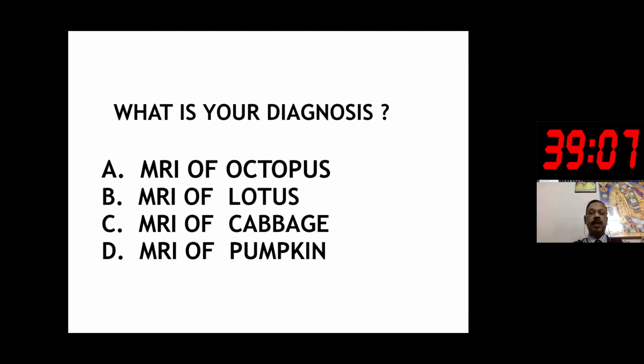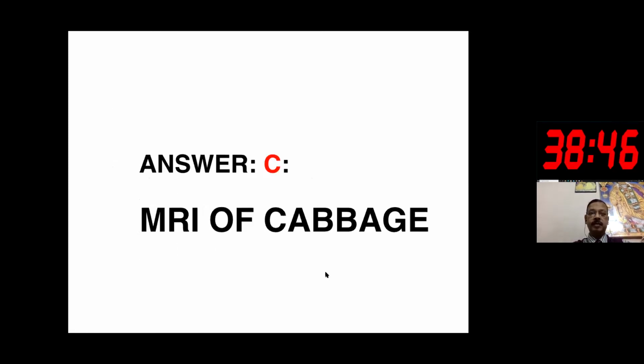Otherwise, it will not be valid. But while doing the main presentation, option B, that means MRI of lotus, unfortunately, is also not correct. It is the MRI of cabbage.